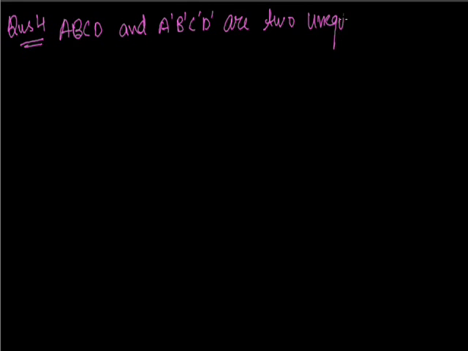It is given in this question that ABCD and A'B'C'D' are two unequal squares in a plane placed as in the given figure.